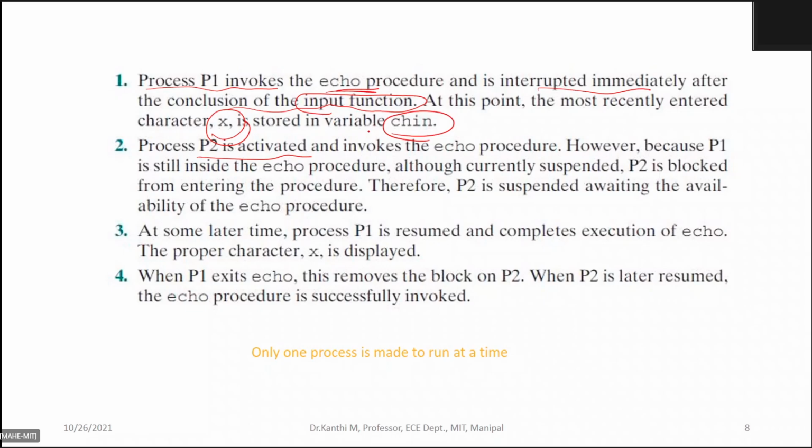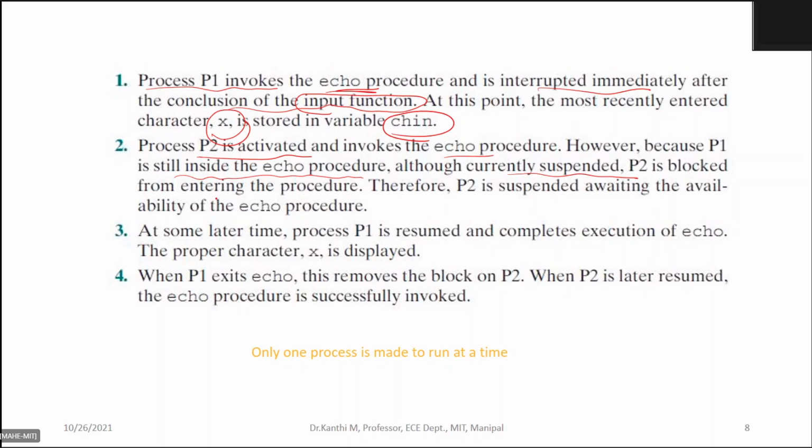However, P1 is still inside the echo procedure. Although currently suspended, P2 is blocked from entering the procedure.